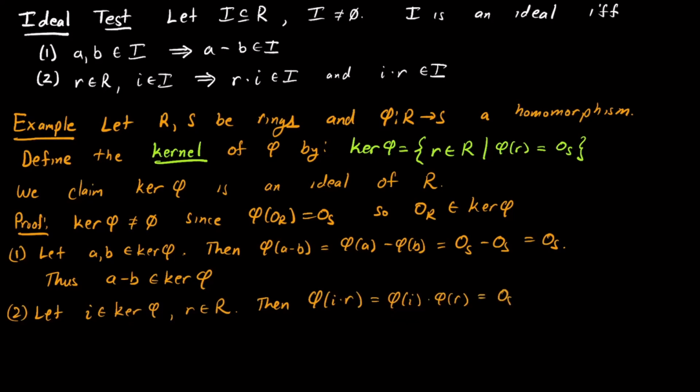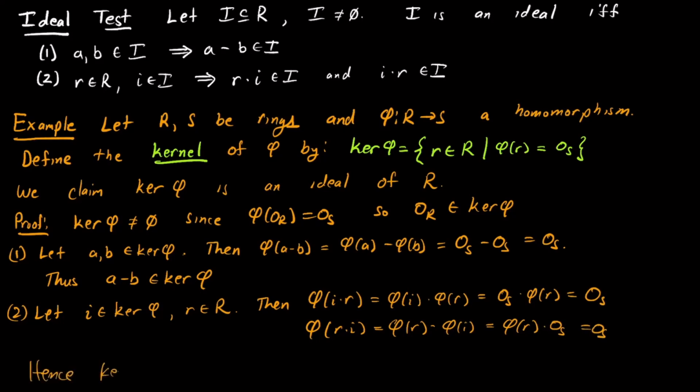So this is going to be 0 times phi of R. And I know 0 times any element of S is going to be 0. And similarly, I can say phi of R times I is equal to phi of R times phi of I. So this is going to be phi of R times 0, because remember, I is in the kernel, so I end up with 0. So I can say, hence, the kernel of phi is an ideal. So we'll say it's an ideal of R.